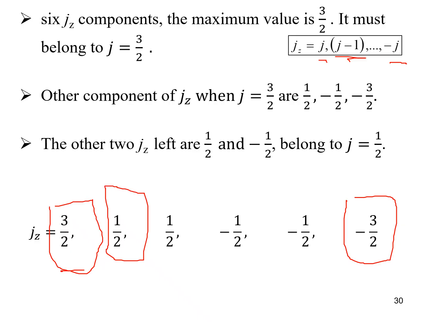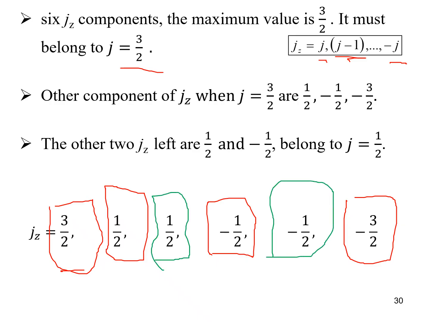And then 1/2 minus 1, we get minus 1/2. That means this range of Jz, 3/2, 1/2, minus 1/2, and minus 3/2, belongs to the value of J, which is 3/2. And now we are left with the other two Jz, 1/2 and minus 1/2. So these two values belong to J equals 1/2.